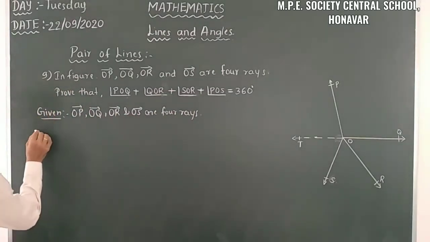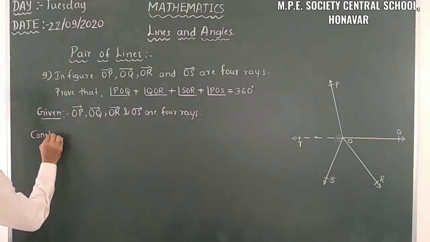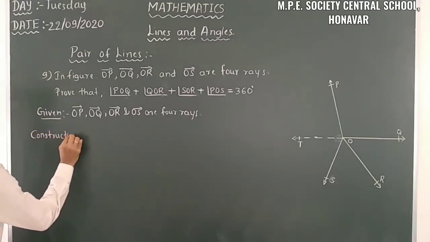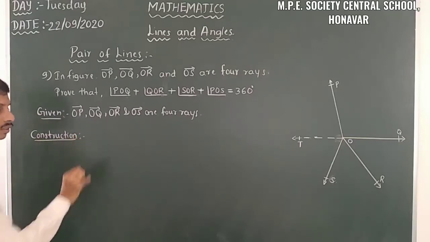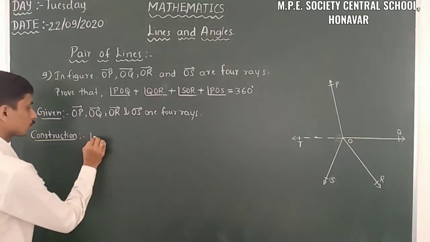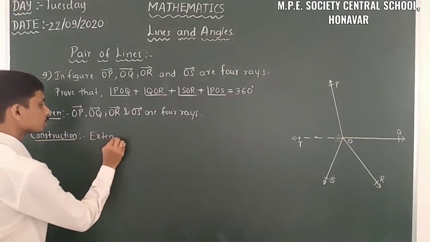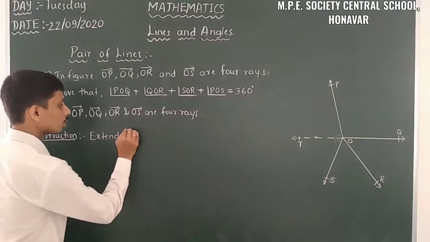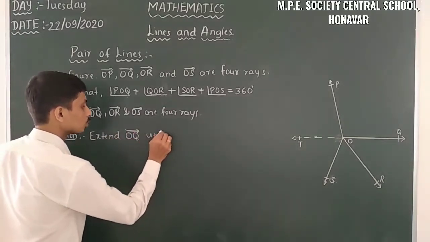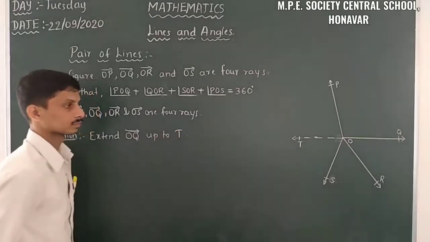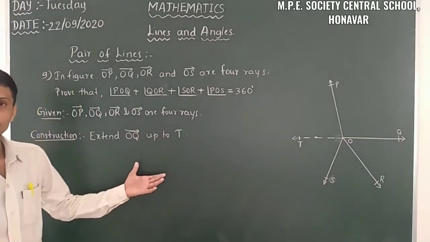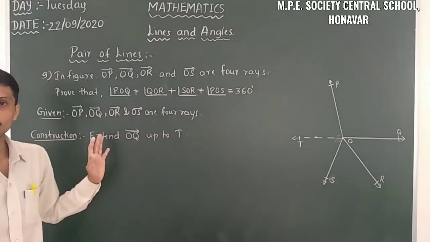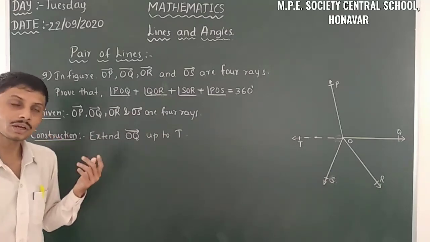That is the construction. What is the construction here? Extend OQ up to T here. Then the ray OT is formed. Then what do we have to prove here?